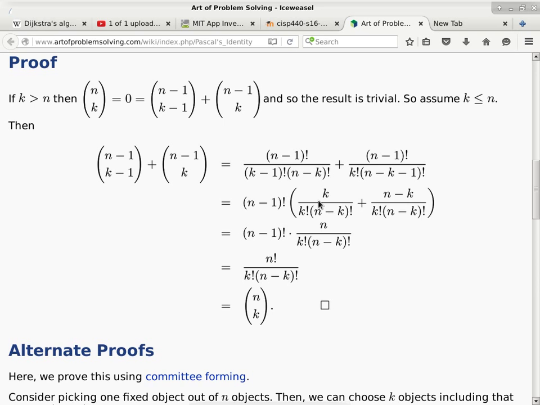Can I multiply 1 to this whole thing? Yes. Can I write the 1 as k over k? Yes. What is k times k minus 1 factorial? It becomes k factorial, right? That's how we can prove that step.